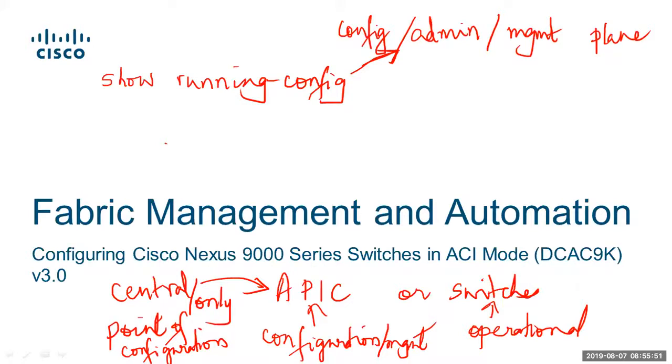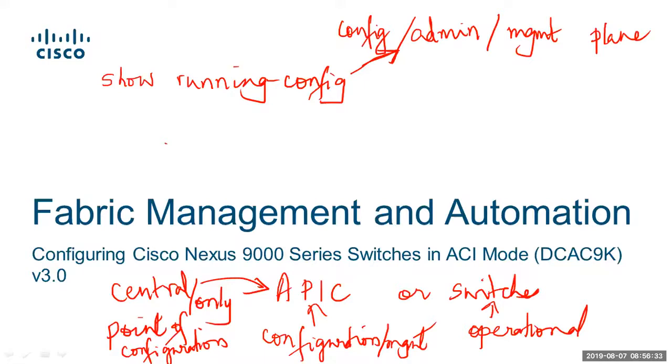Any questions, any clarifications needed? Identifying this difference between the two planes, and why we definitely have to identify the difference between the two and know where these commands should be issued. Now that we know that the APIC is your sole point of management, it is the only device where we make configuration or administrative changes.